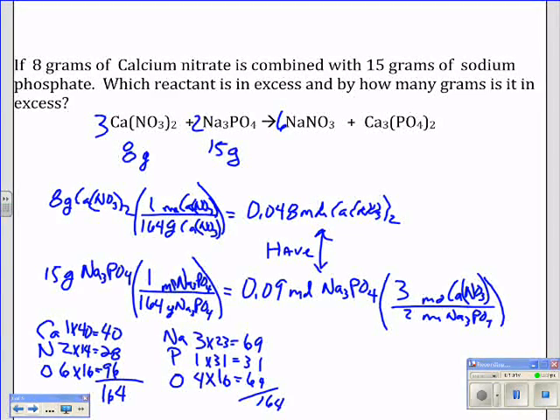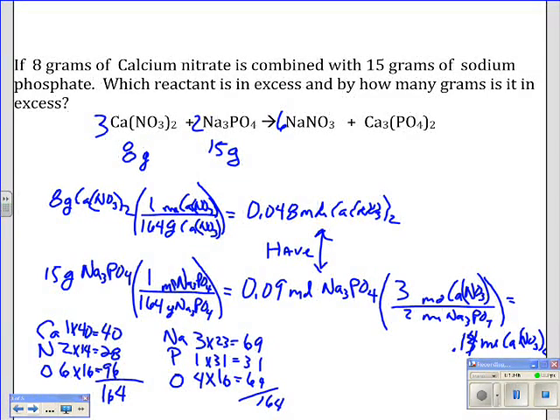Again, that comes from my balanced equation. So 0.09 times 3 divided by 2 is 0.13, 0.14, I should say, moles of calcium nitrate.